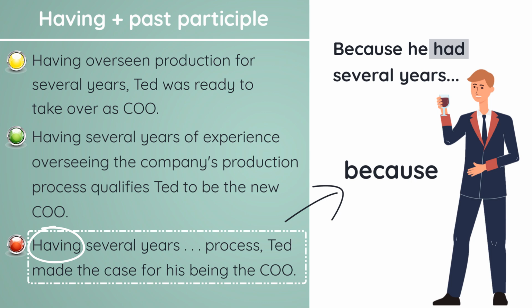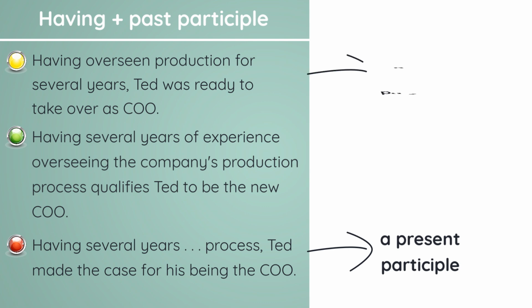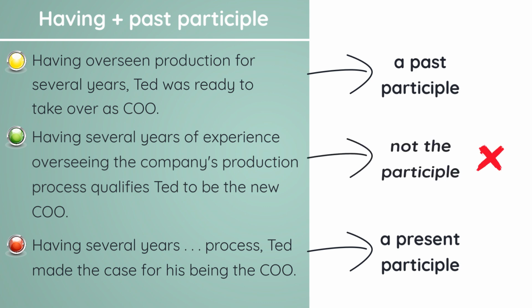It's his. It's his experience in his resume, for example. And this, again, gets reduced into a single simple participle, having. This is an active participle, a present participle. Here, we have the past participle with the having extension. So two different things. This is not the participle. This here is the participle of the main verb.